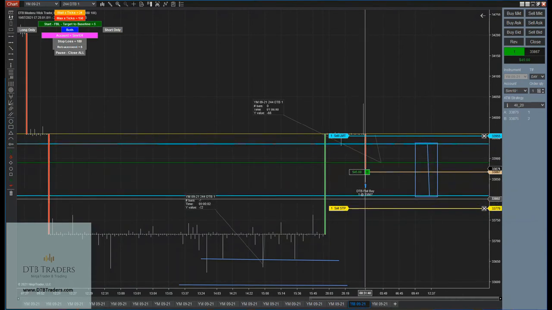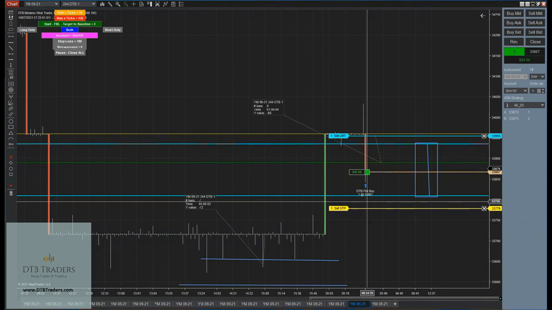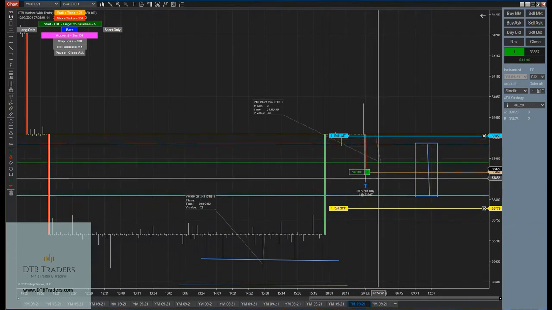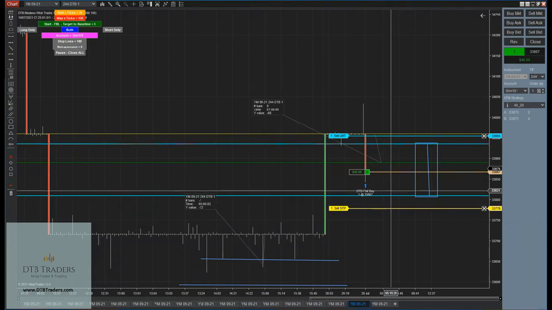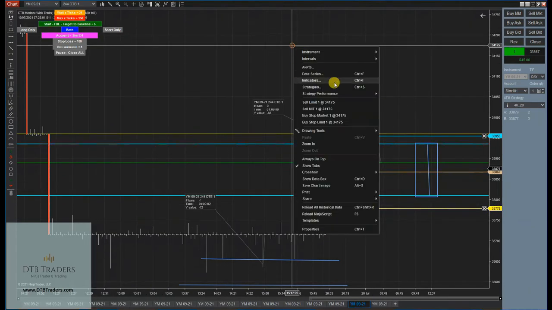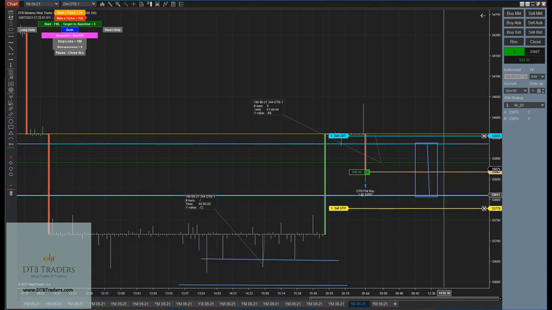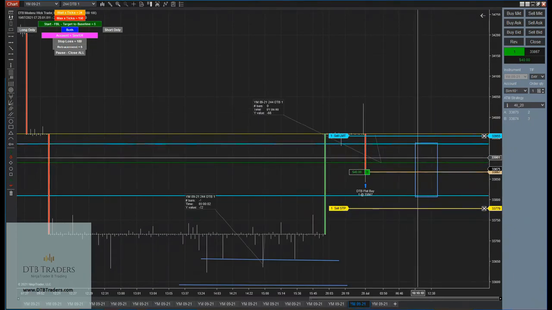So if price goes outside of that range, there's not going to be any trades entered. And if price goes outside of the range here, there's not going to be any trades entered. They're only going to be within this range over here. And they're also going to be spaced out, so there won't be any trades within 20 ticks of each other. So that's how you can basically set up the strategy.